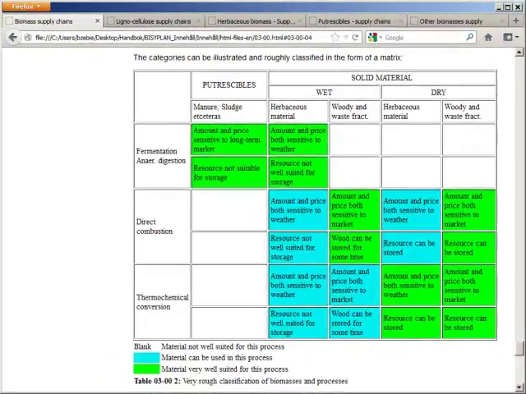The supply chain has to take the storage possibilities into account. It has to take the storage properties of the individual biomass into account.